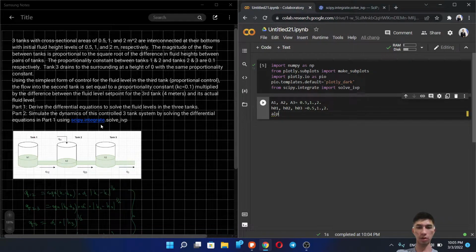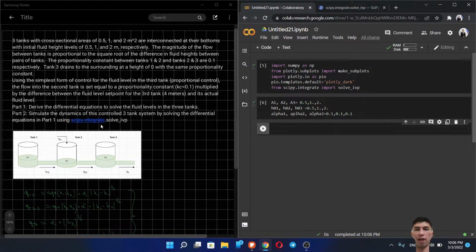So what are we going to have? Alpha 1, alpha 2, and alpha 3 are going to be equal to 0.1, 0.1, and 0.1. So these are the given values that we already know.